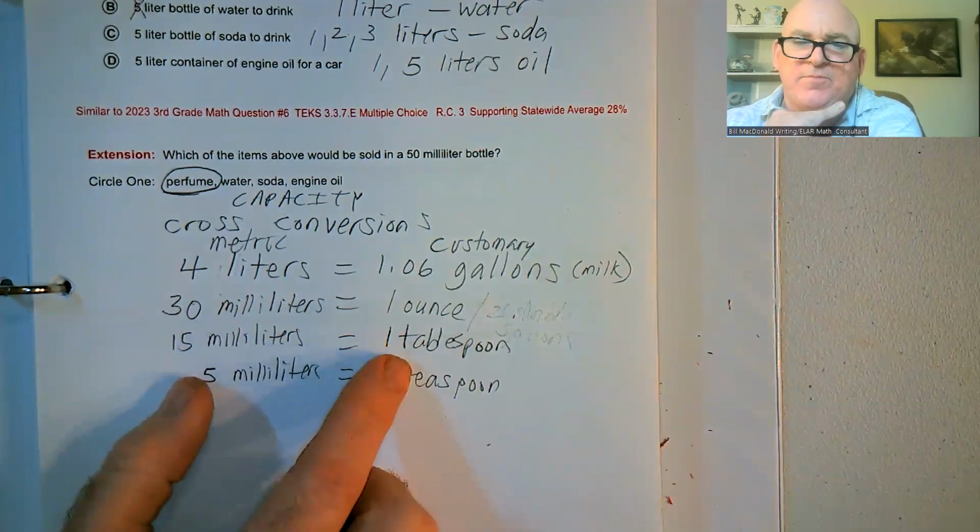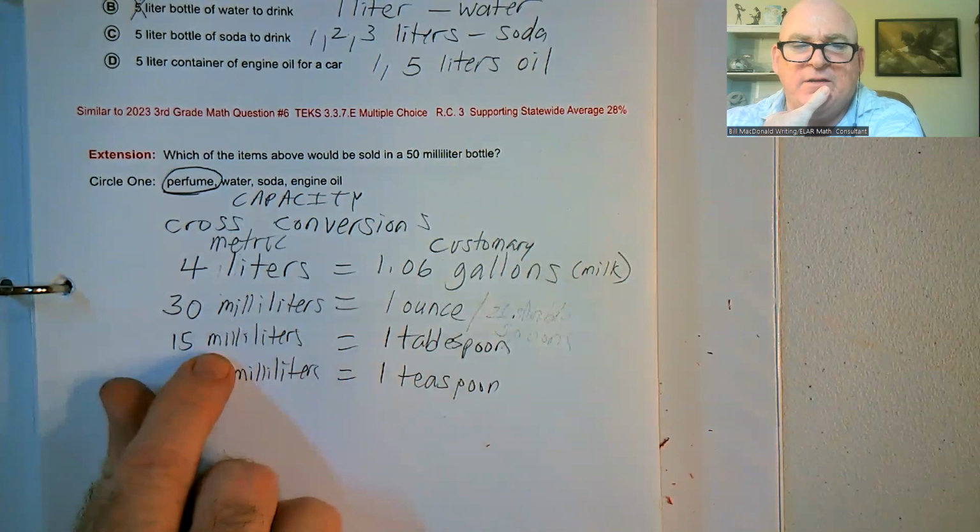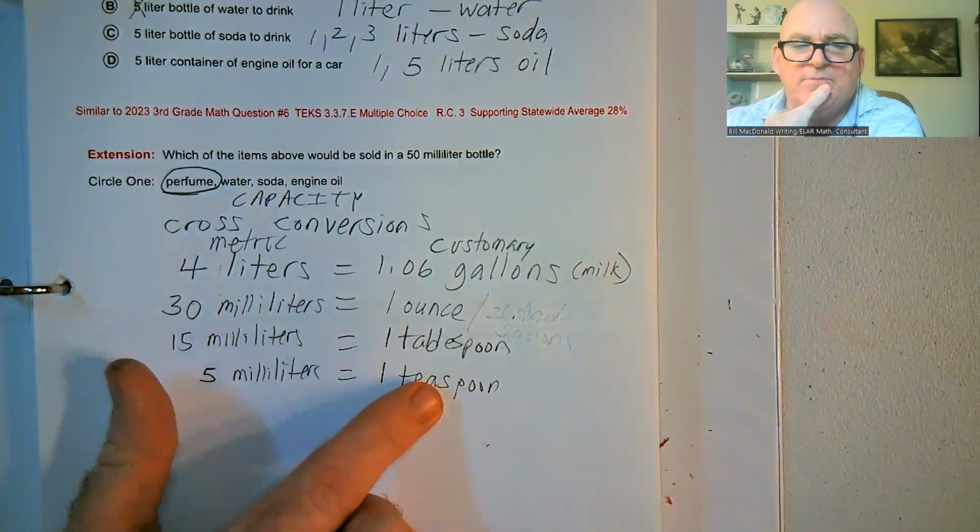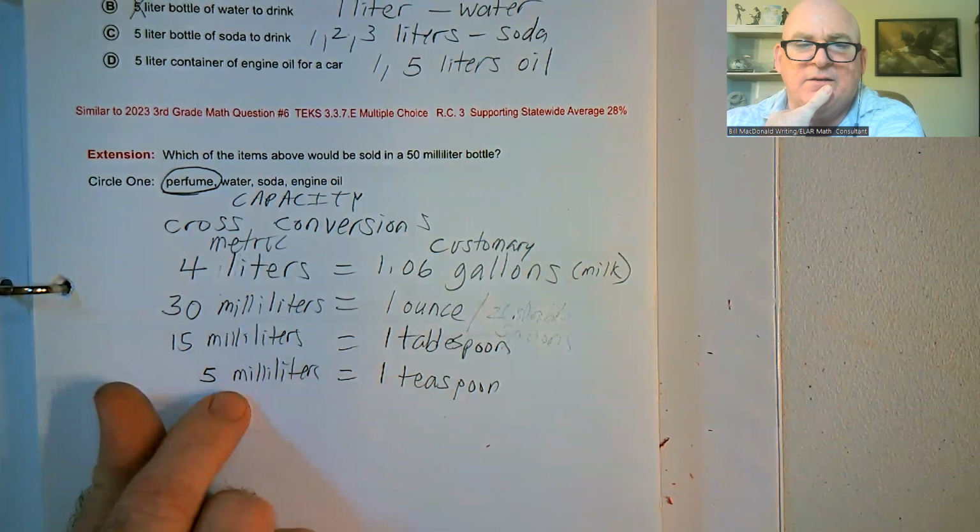A tablespoon, what you often use to take medicine, is about 15 milliliters, and 1 teaspoon is 5 milliliters.